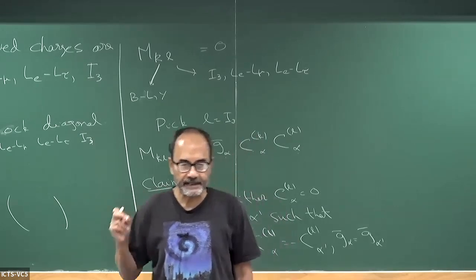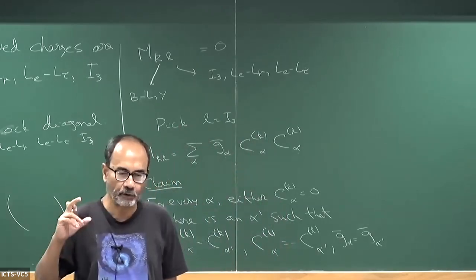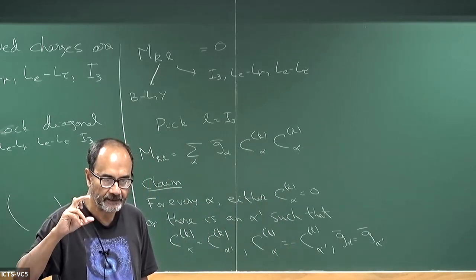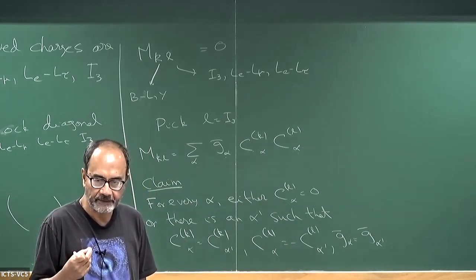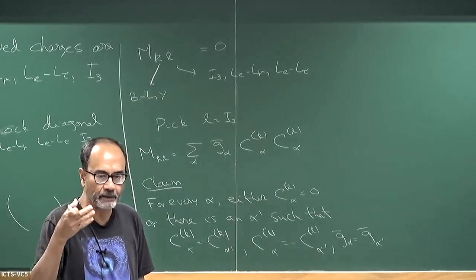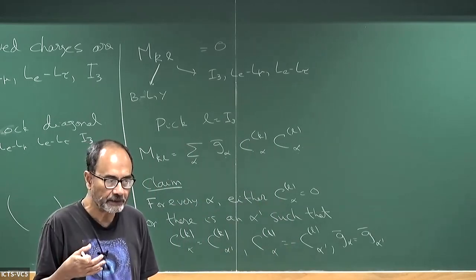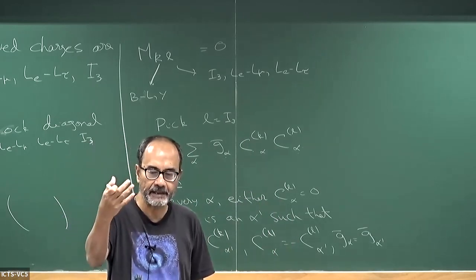If it's not a singlet, then I3 always comes in equal and opposite pairs. A doublet, for example, has I3 equal to half and I3 equal to minus half. A triplet will have I3 equal to 1, 0 and minus 1. So there are always, in a multiplet, elements which have opposite I3.